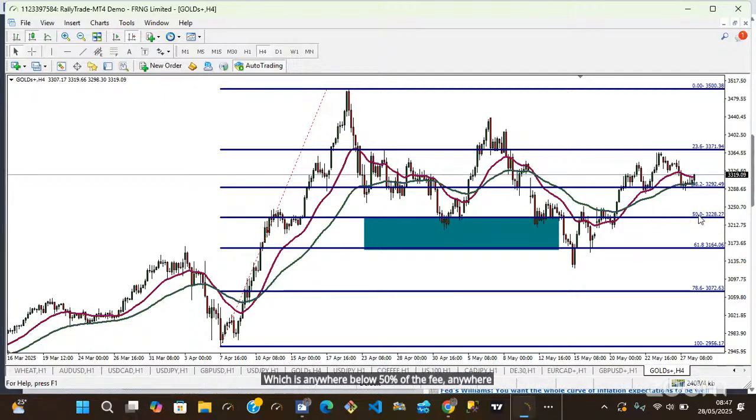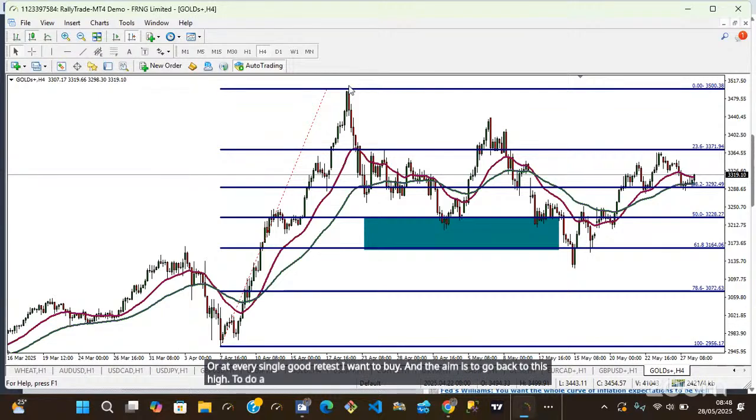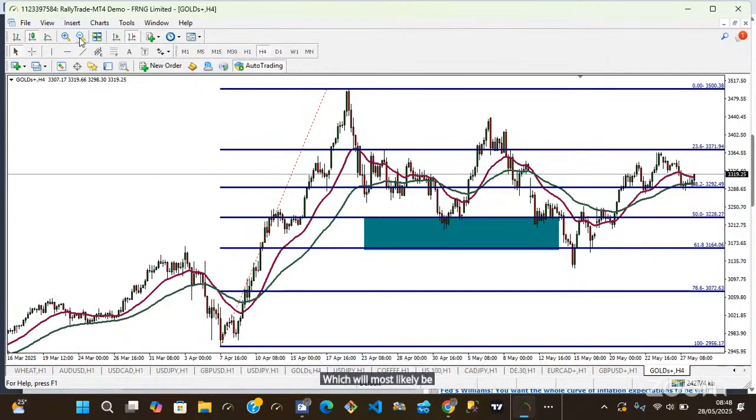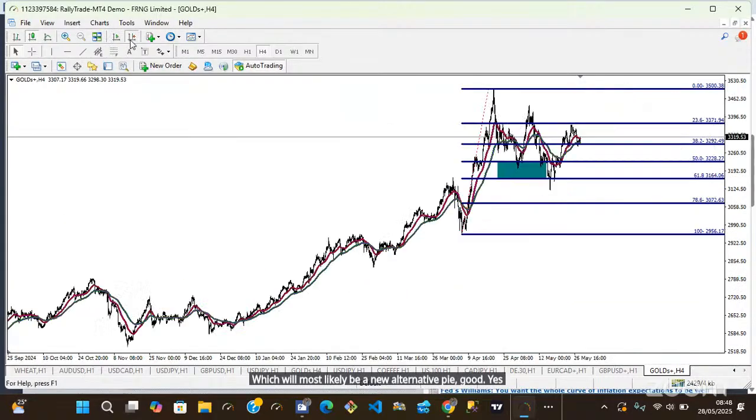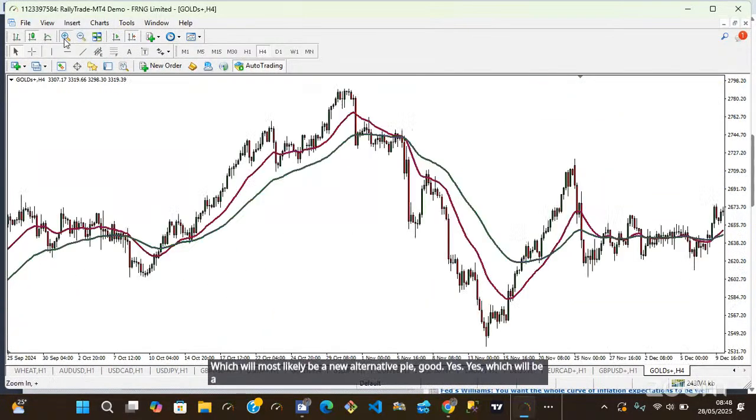The moment price steps below 50% and pushes back to the upside, I want to be looking for buy opportunities. I want to join at every single good retest. And the aim is to go back to this high, to do a double top, or even possibly take out the high and give us a new high, which will most likely be a new all-time high.